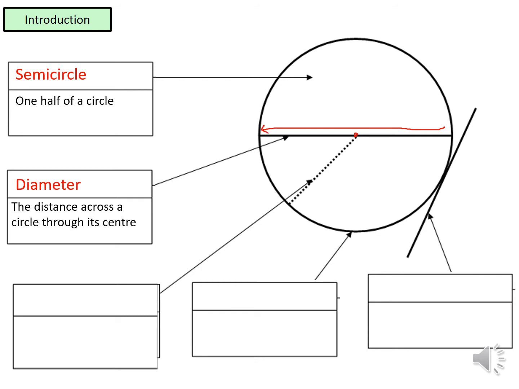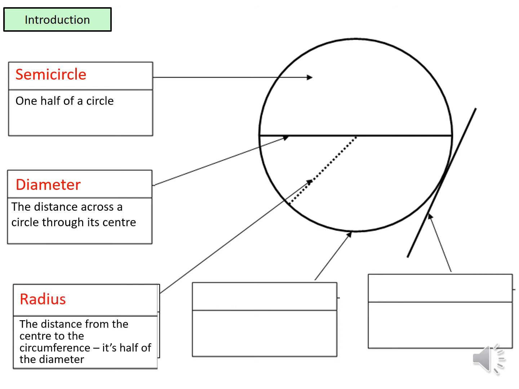Okay, now this next part is my radius. My radius is the distance from the center to the circumference. It's half the diameter.